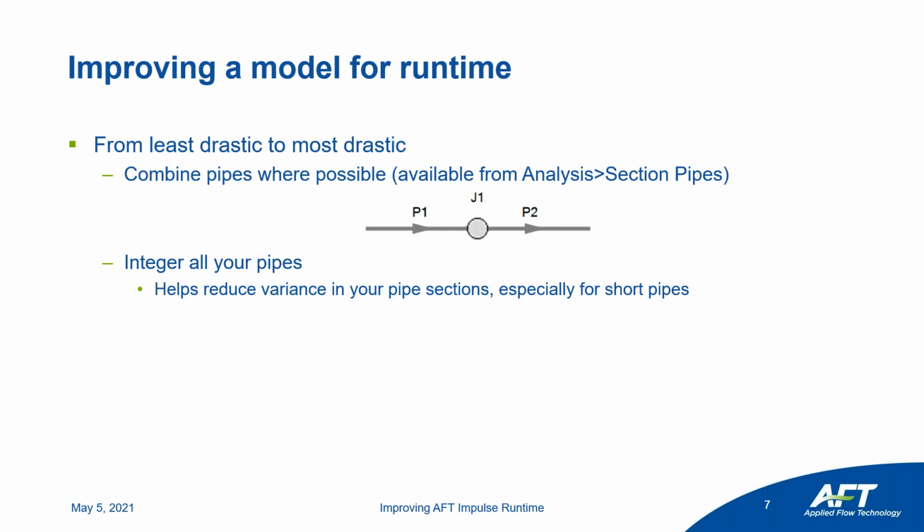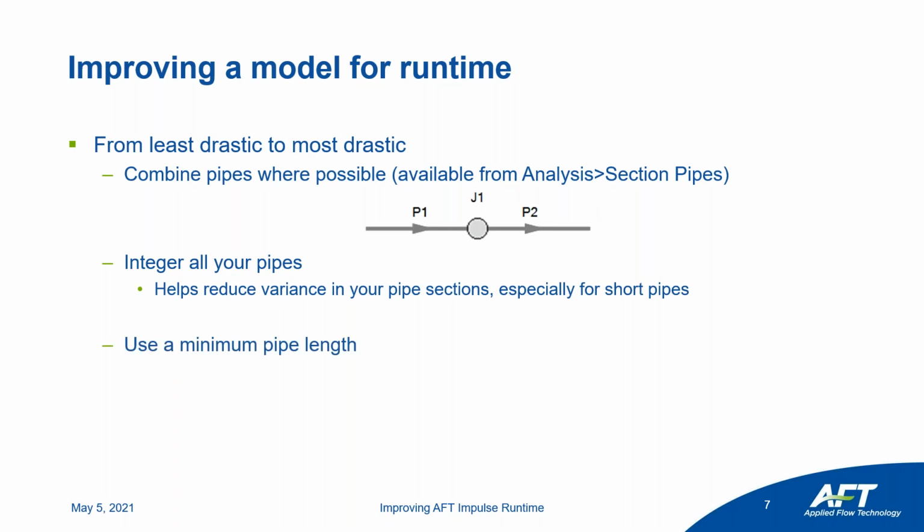In that case, it'll be a 1 foot section instead of the 1/2 foot section, which can help improve your runtime. And rounding your pipe to the nearest meter or foot, that can certainly help. Again, if you're modeling pipelines in lengths of miles, it might not be a good assumption to round to 1 mile, but you could go to the nearest 1/4 mile or 1/10 of a mile.